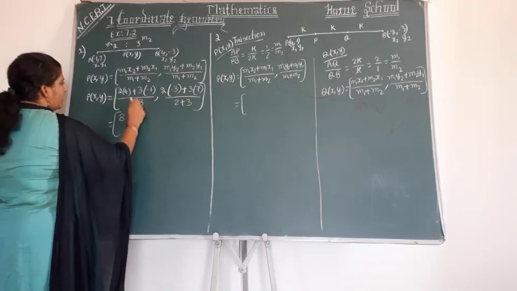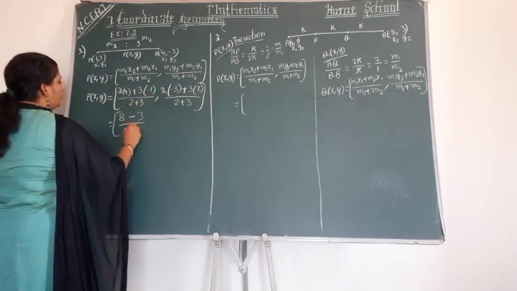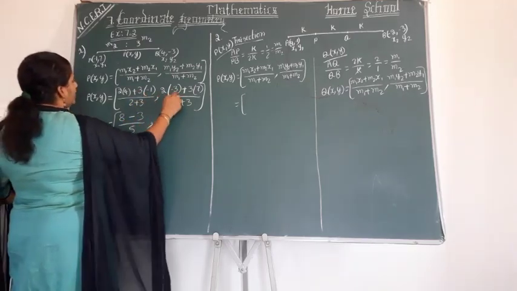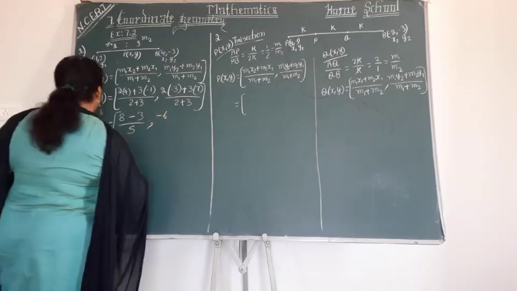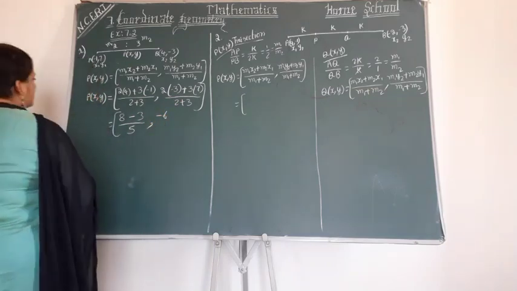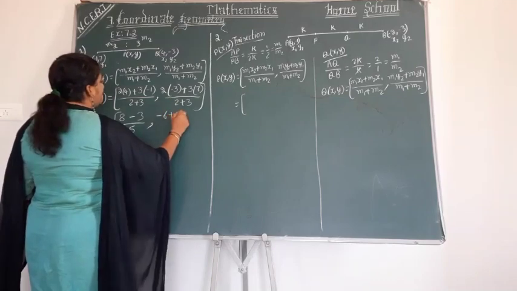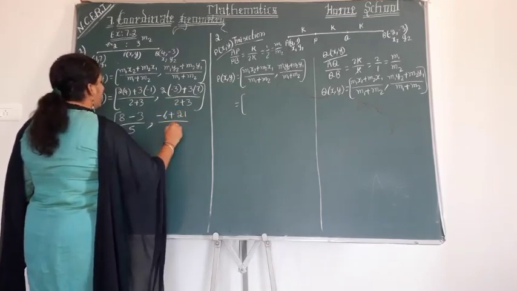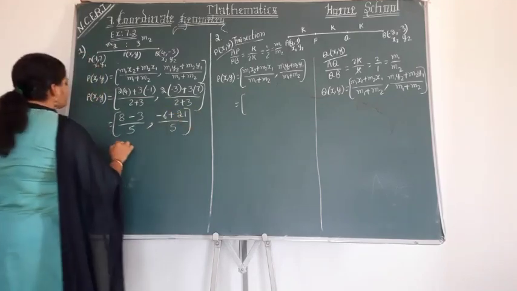Plus into minus, minus 3 1s are 3, 2 plus 3, 5. 2 into -3, -6. 7 3s are 21 by 5.